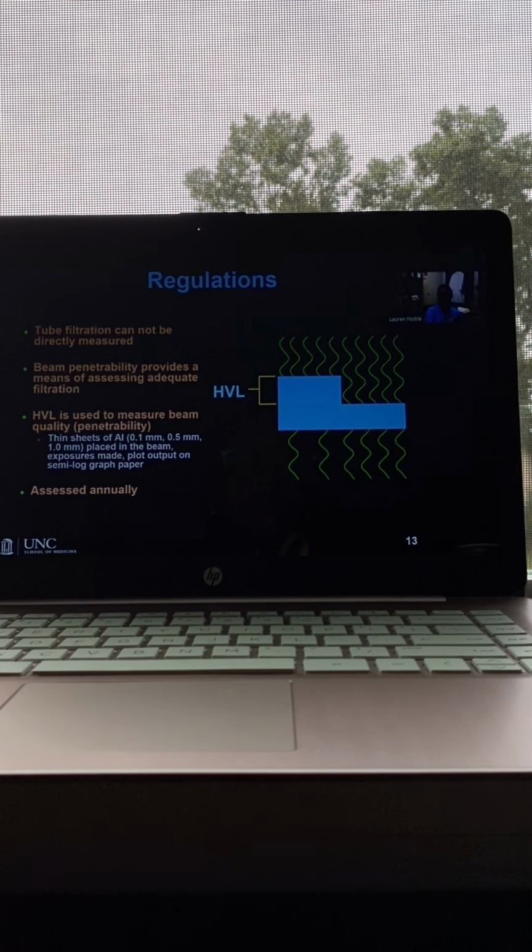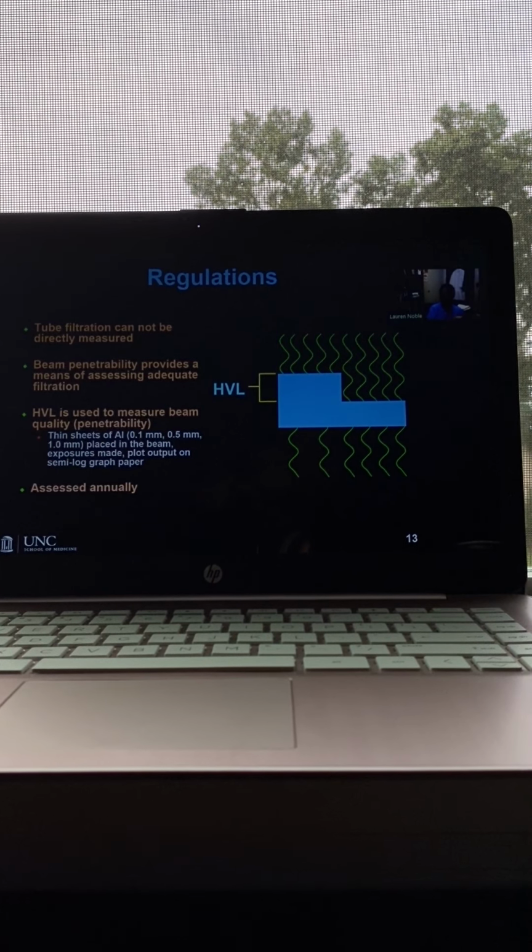In other words, you can't take the protective housing off that tube and get a ruler out and measure the thickness of the glass window, or the thickness of the tube port. They can't go in the collimator and measure the thickness of the collimator mirror. And they can't pour the oil out and measure how much oil is in there. You can't directly measure tube filtration.